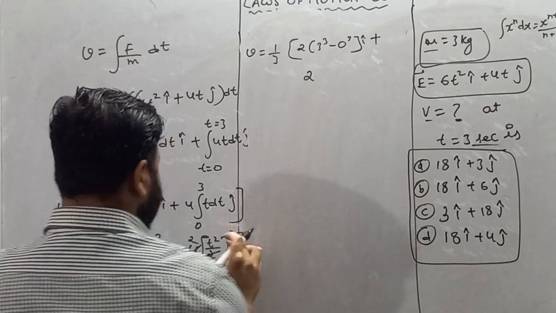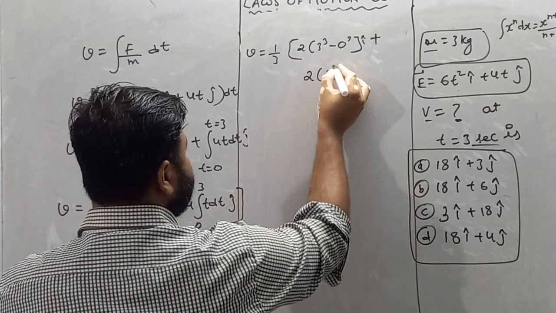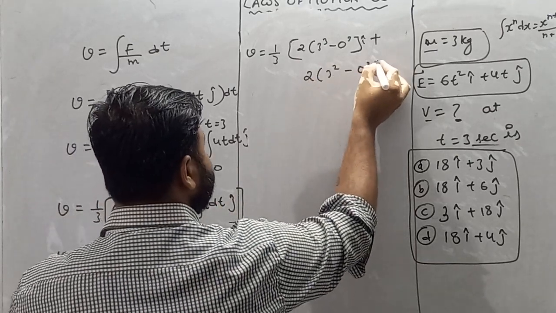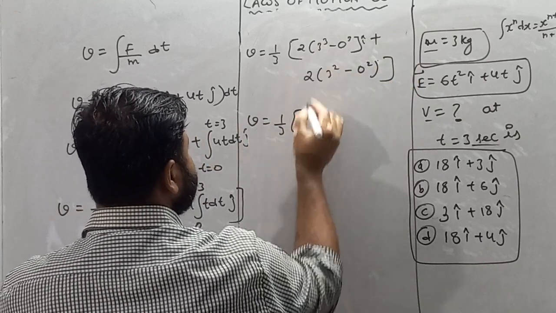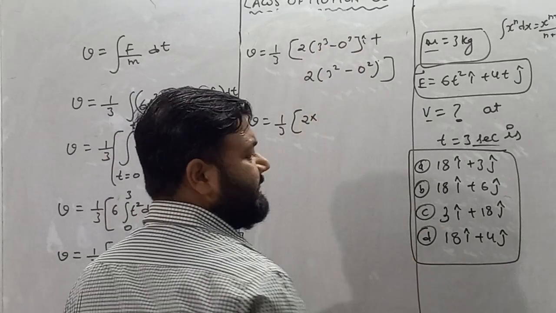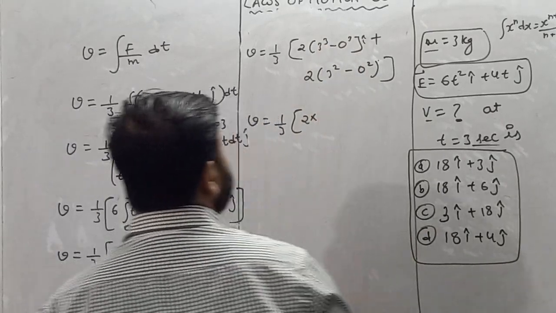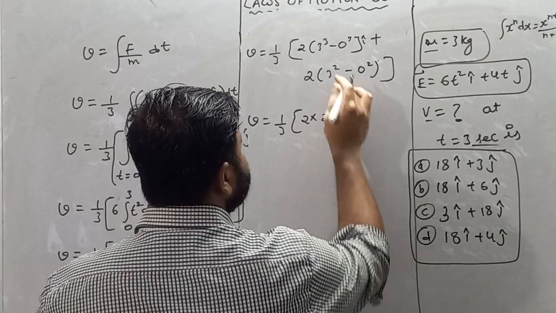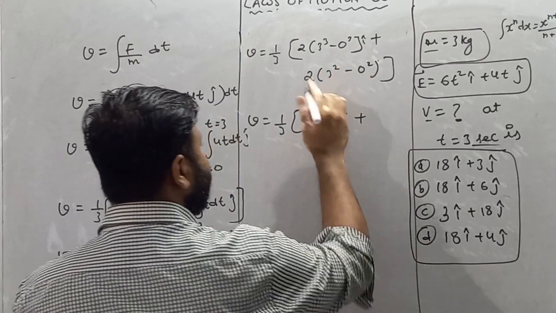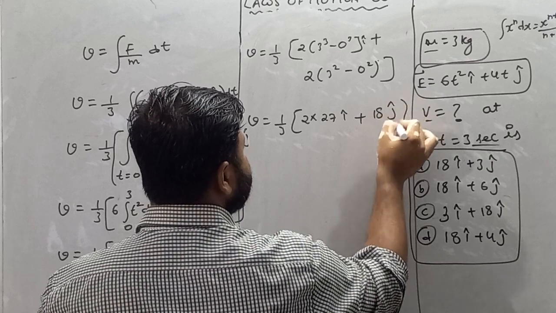So 2 and upper limit minus lower limit means 3 square minus 0 square. So v equals 1 by 3, and it is 2 into 3, 3 3s are 9, 3 9s are 27. So 27 i cap plus 3 3s are 9, 9 2s are 18, and it is j cap.